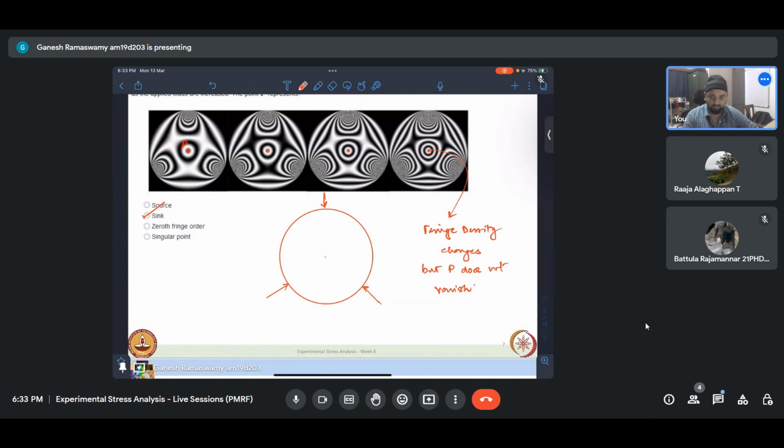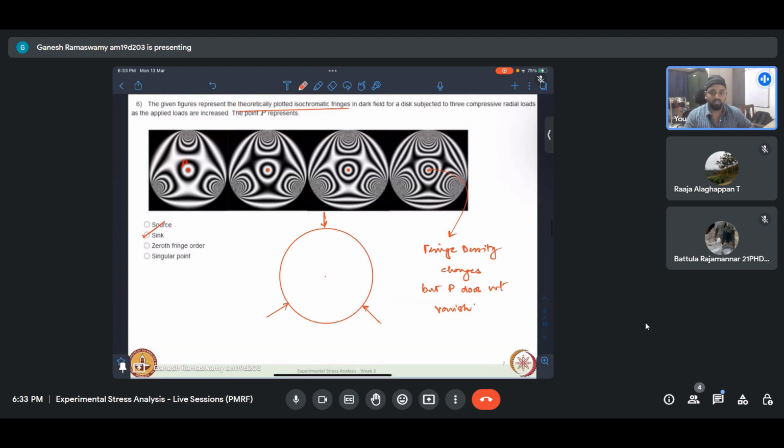So we have been given from the problem statement that it is a disk under compression by three compressive radial loads. So essentially we know our sources would be existing near the load application points. So it is definitely not a source. I'm sorry, I shouldn't have ticked this. What I meant to say is that it is not a sink.